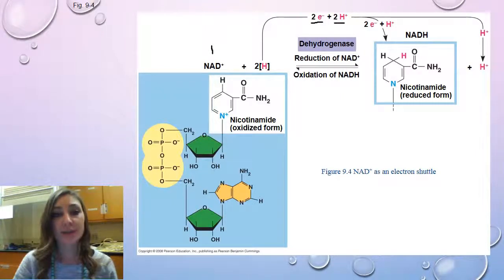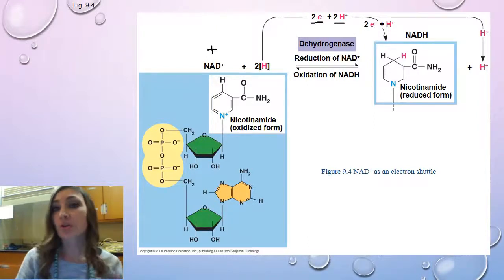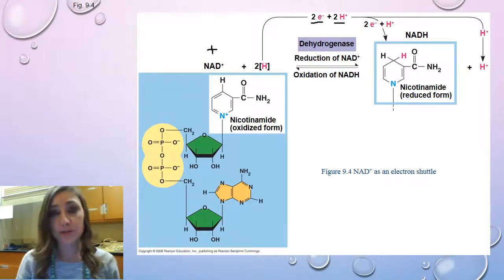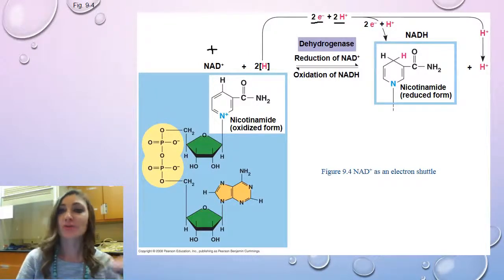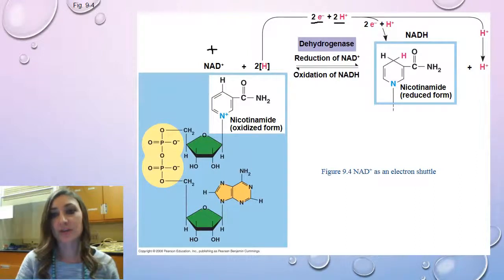NAD+ already has a positive charge, and if we add 2 negative charges to it, the overall charge would be negative. And our goal is to get a molecule that has no charge at all. So that's why we have to add 2 hydrogen ions, because we're picking up 2 negatively charged electrons. So your final product is NADH, which is carrying those 2 electrons it has accepted, as well as 2 extra hydrogen ions or positive charges.